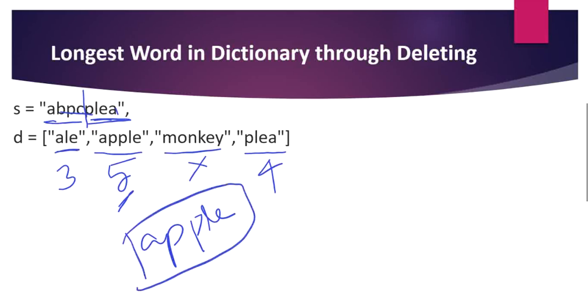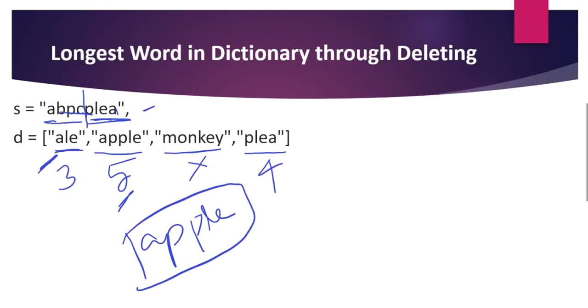So when I first saw this problem, the intuitive approach that hit my head was longest common subsequence. So I planned to find a longest common subsequence between every word and the given string. And if the longest common subsequence found is the word itself, then I added it to my result.